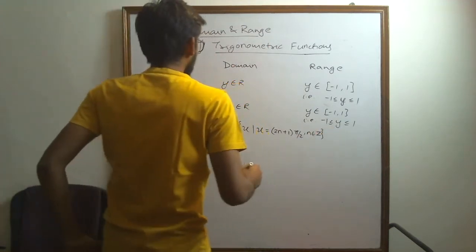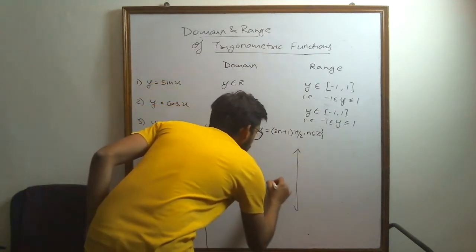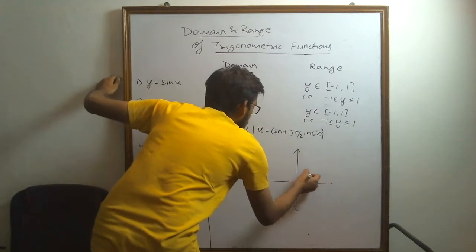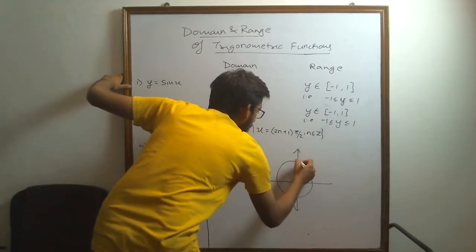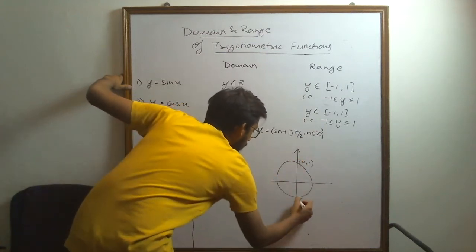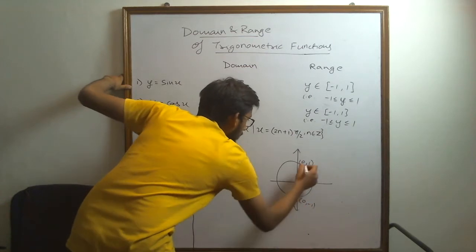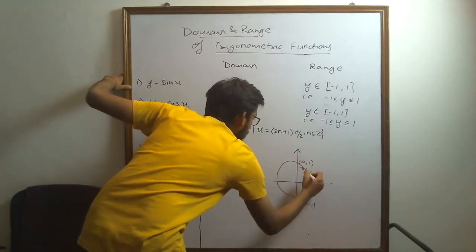If we look at the unit circle and see where cos x is 0, we get cos x 0 at 90 degrees. The coordinate here is the x coordinate is 0. The angle here is pi by 2.